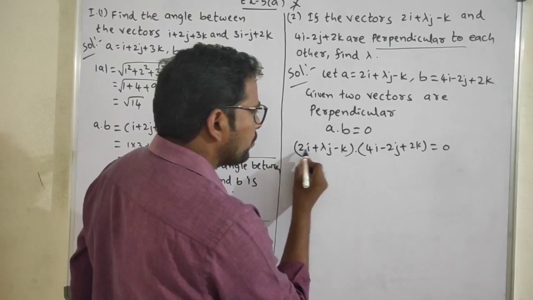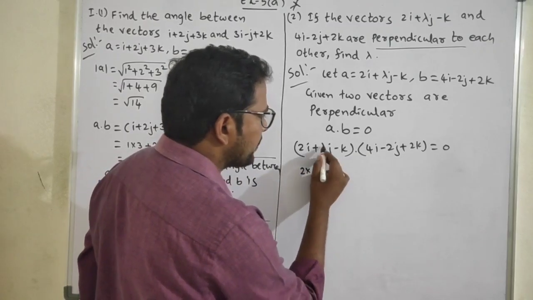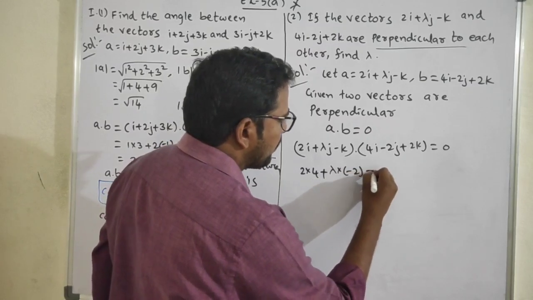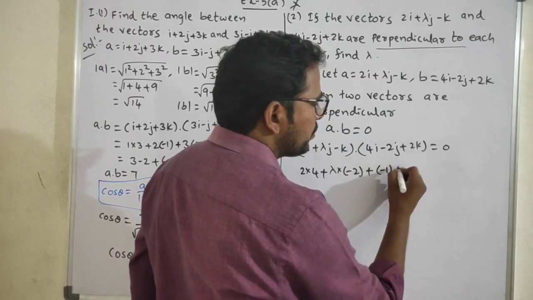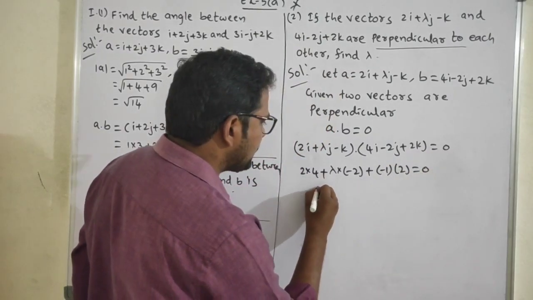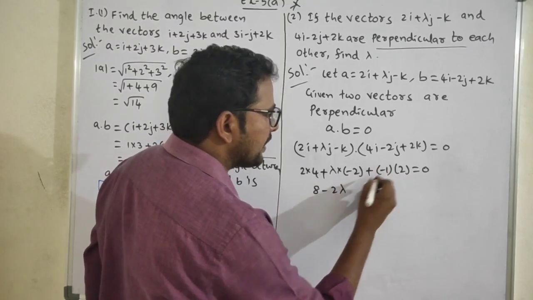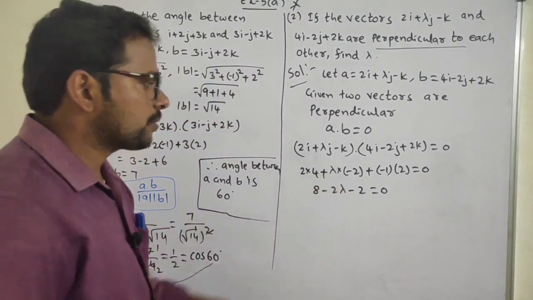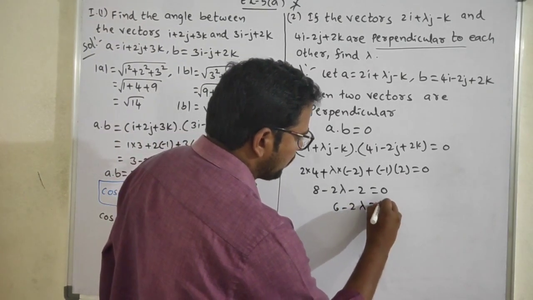The i coefficients are 2 and 4, so 2 into 4, plus lambda into minus 2, plus minus 1 into 2, is equal to 0. So 2 fours are 8, plus into minus 2 lambda, plus into minus 2, is equal to 0. 8 minus 2 is 6, and 6 minus 2 lambda is equal to 0.